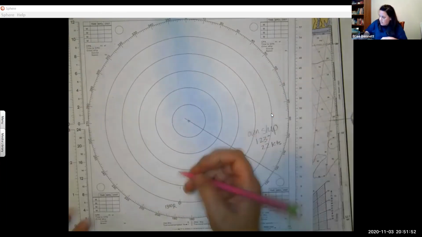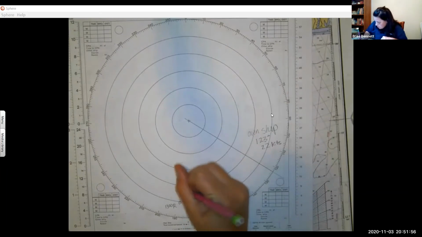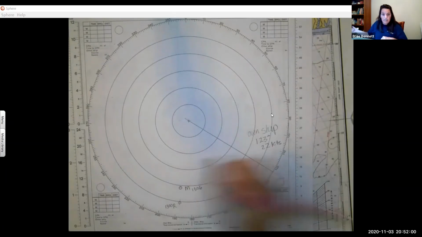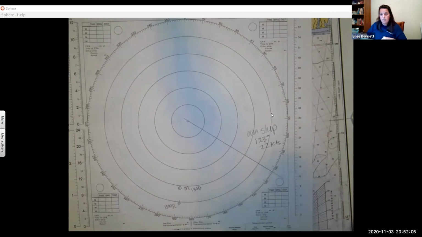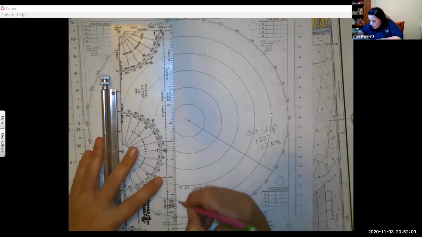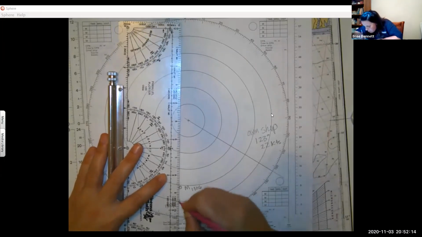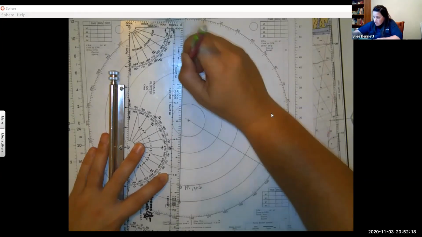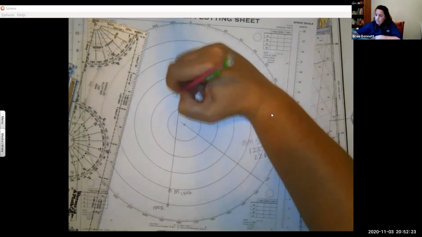Okay, and we labeled this one M. And that was at 1306. So we have our R and our M. And then we have our own ship. So we connect R and M, and we get our relative motion line.